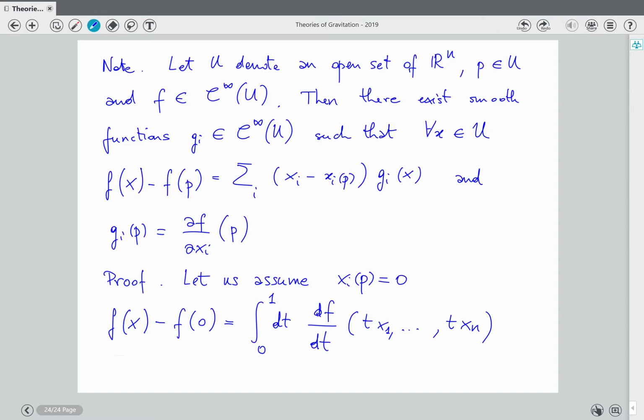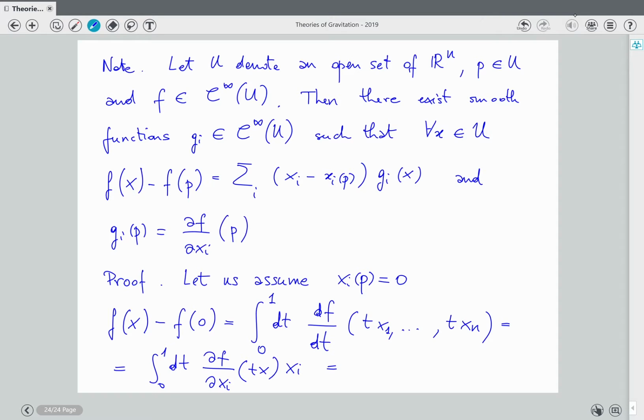And to convert it into the form that we want, you just calculate that total derivative by means of partial derivatives, because the derivative with respect to t is equal to the partial derivative of f with respect to xi, calculated in tx, times xi.